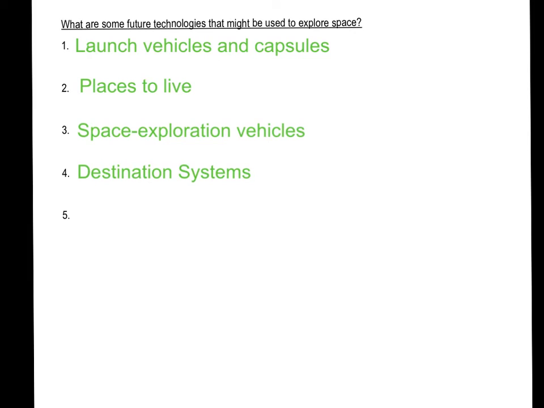And the last one, robots and robotic systems. So we're developing robots, and the technology that we use for robots and robot systems is getting better and better as time passes, but we're trying to apply that for space travel and space exploration.